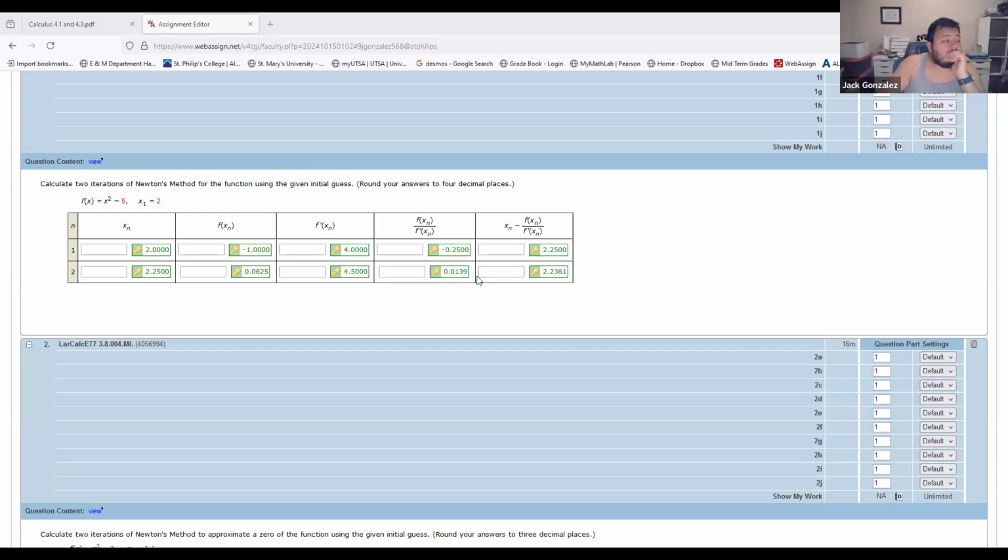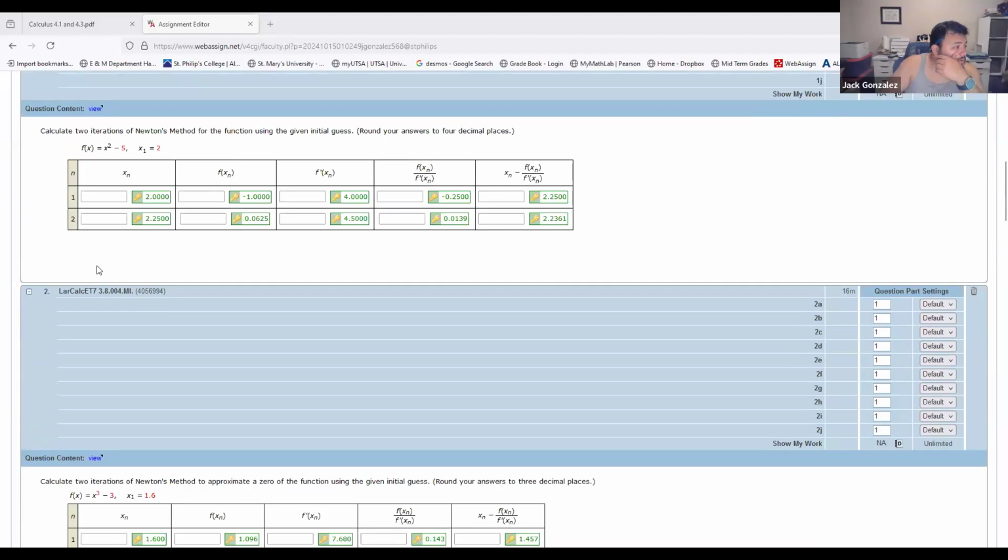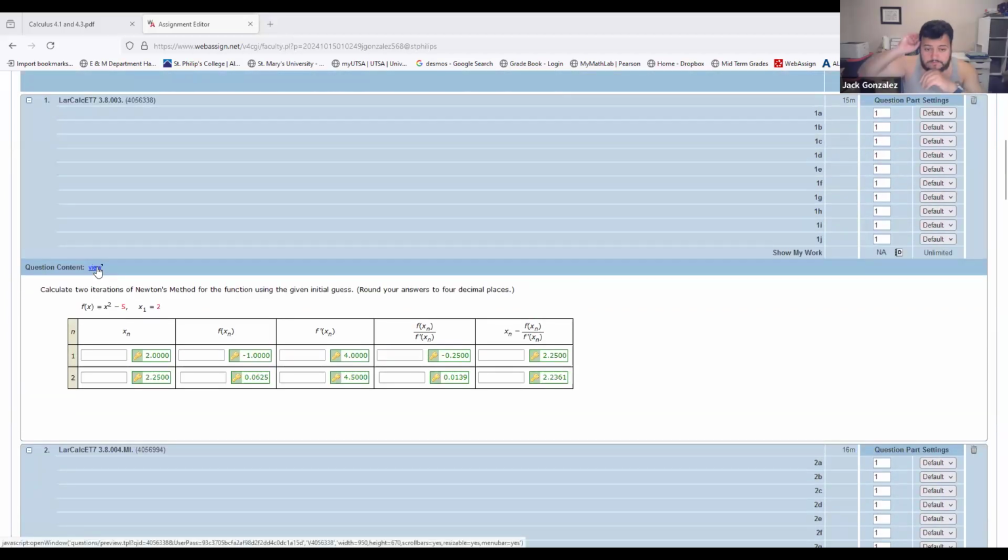The first thing you got to do is take your derivative, right? Plug in the x1 you're starting with. That gives you this first part up top. Plug it into your derivative, you get the bottom part, and then this would be your beginning point. So let's go ahead and do, I guess, the first one.